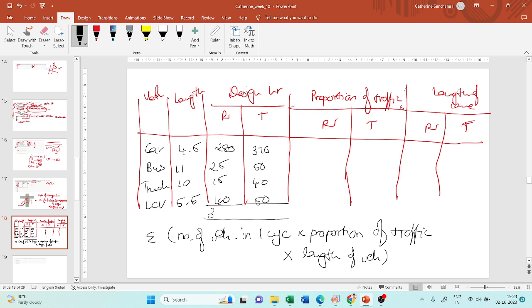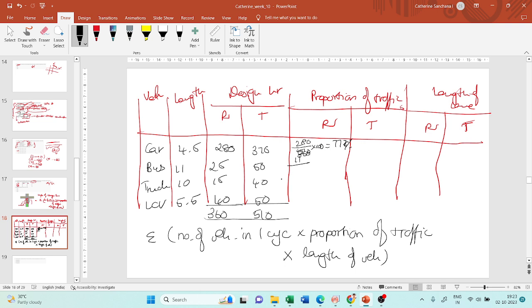So this is 360 and this is 510, right? Sum it up. Now how will you find the proportion of traffic? 280 divided by 510 into 100, and that will give me 77.78%. Similarly, this is not 510, this is 360.